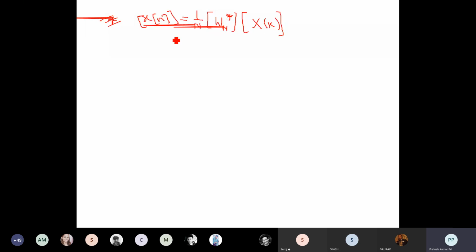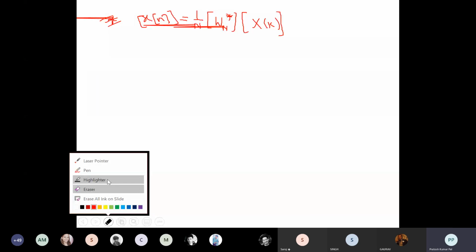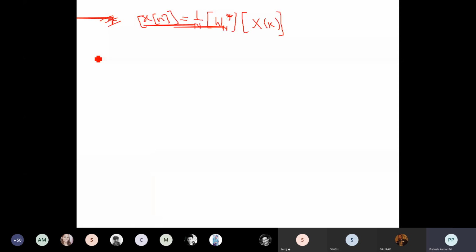Okay, so after this multiplication we will be getting this x of n sequence. So first of all we will find out W of N to the power complex conjugate. Okay, so this is for 4-point DFT.